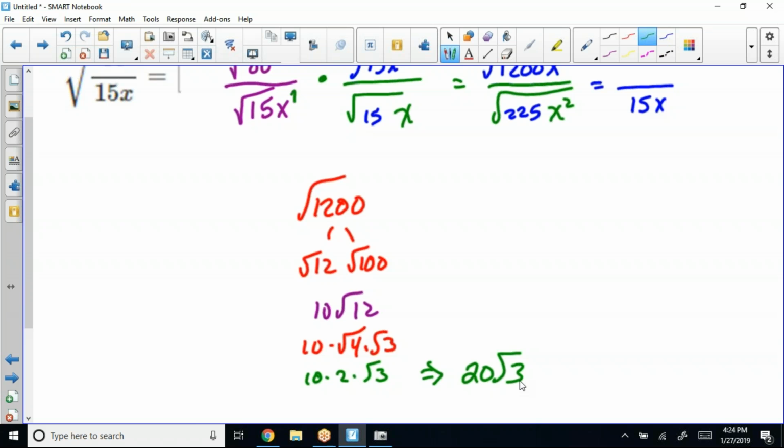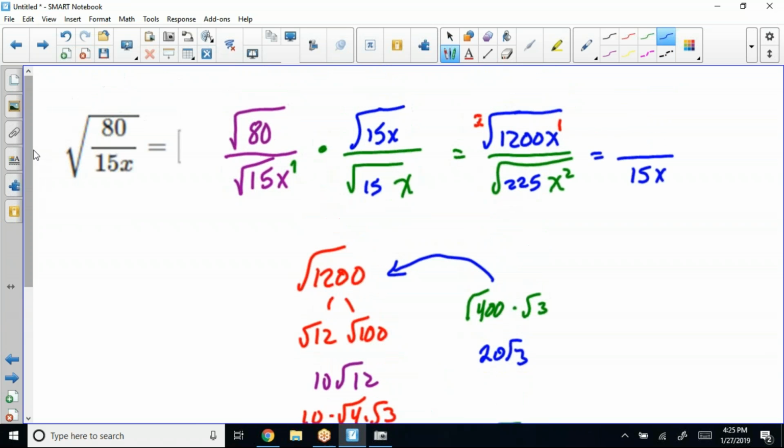You could have picked 400 if you wanted to. You'd have had 400 times square root of 3, and of course we know that would have been 20 square roots of 3 if you would have gone there first. But so we're going to take this up here, 20 and 3x. Now we've simplified our radical.